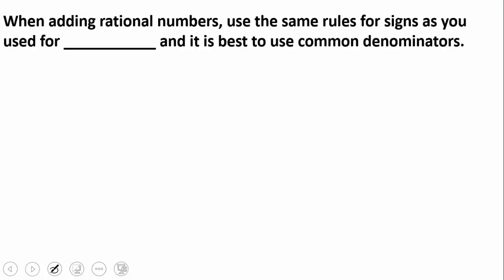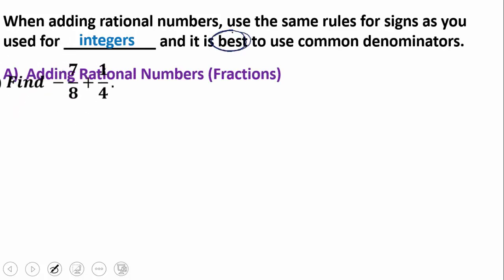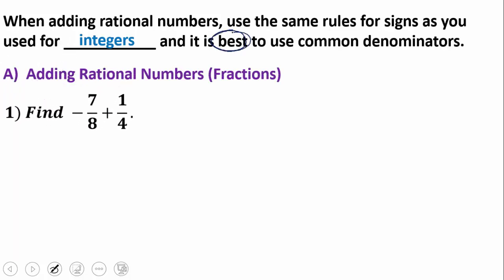Ladies and gentlemen, when adding rational numbers, use the same rules for the signs as you used for what? That's right, we're always reminding ourselves, integers. And it is best to use common denominators. Notice I put the word best. The reason I put the word best is, hey, I hate to tell you this, you don't absolutely have to have common denominators to add these fractions.